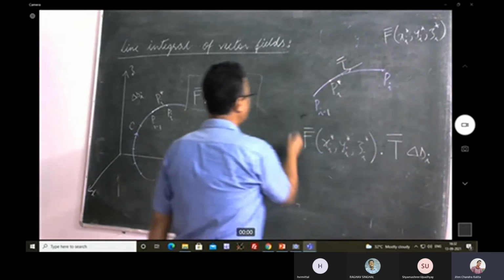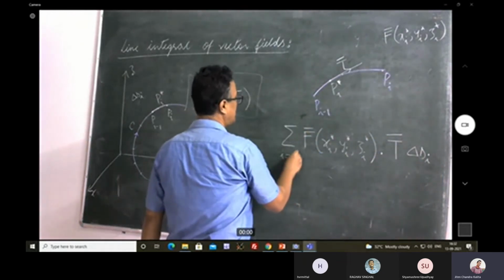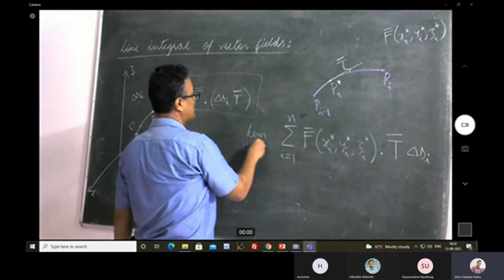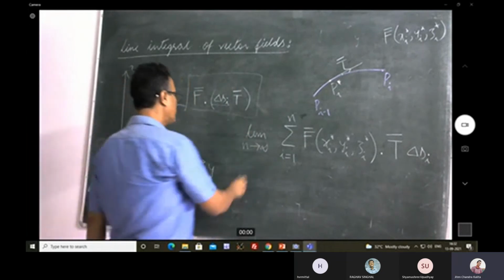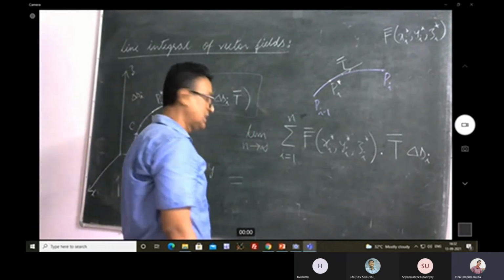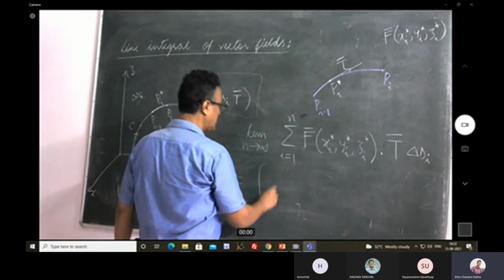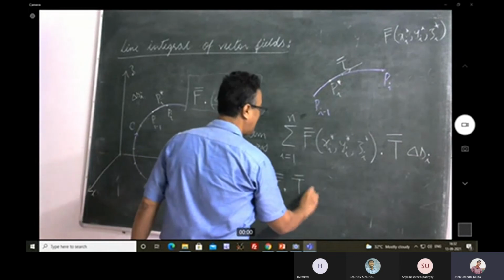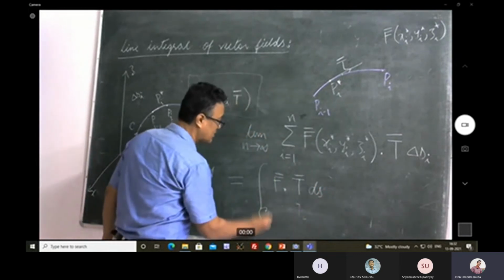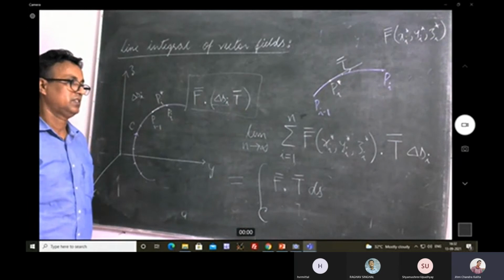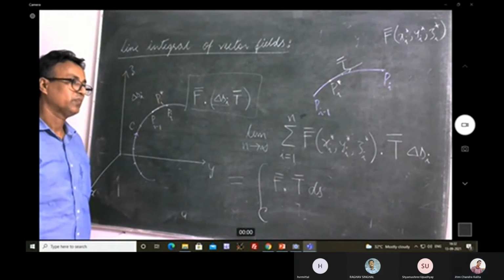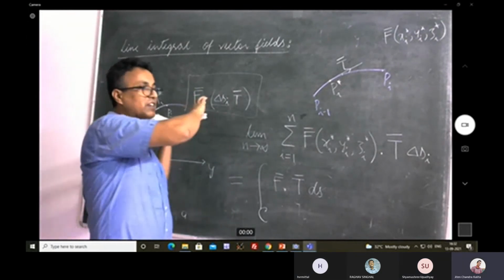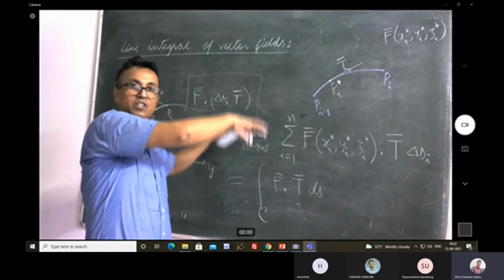Times delta s_i, and if I take this summation and let the number of sub-intervals go to infinity, this is called the line integral of the vector field along C, and it is written as this. Is it okay? Fine? Yes, you have understood the underlying concept behind constructing the definition, right?